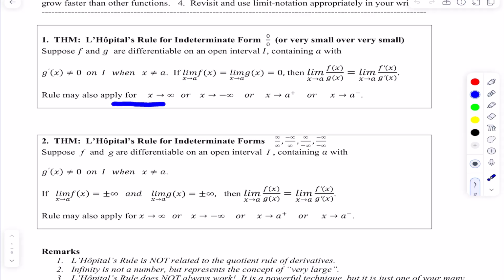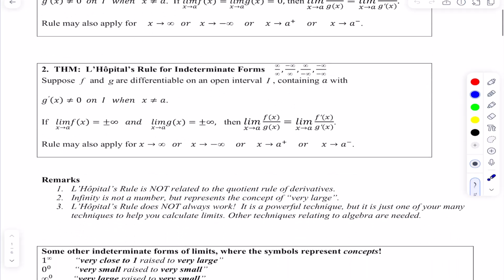The rule may also apply for cases of infinity or negative infinity, and you could certainly let x approach a from the right hand side, or you could let x approach a from the left hand side.